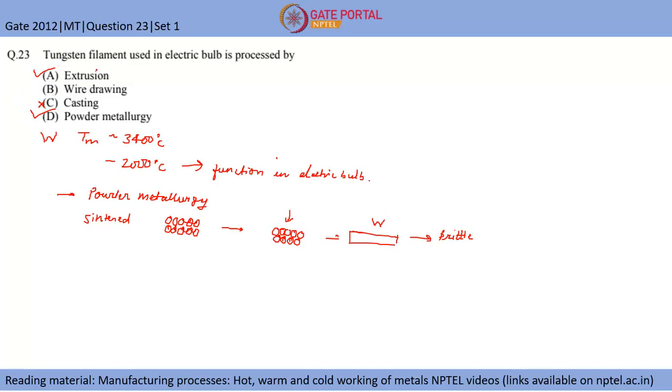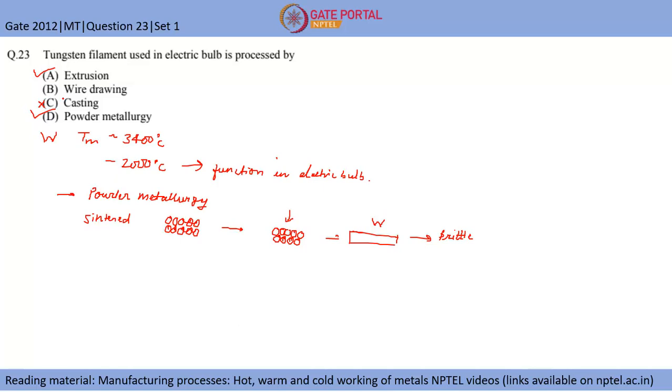That's why in 2012 complete marks were given for this question, as it had extrusion as well as powder metallurgy. Firstly, a green body is prepared of tungsten, then it is sintered, which is the process of powder metallurgy.